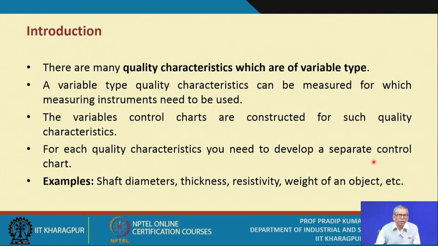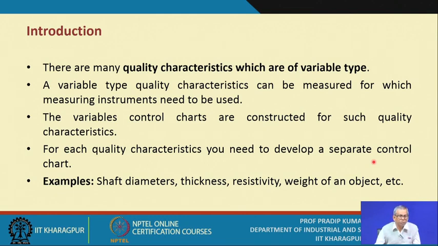There are many types of the control charts under this category. Some are referred to as the general purpose control charts and some are referred to as the special purpose control charts. Now, what you need to do, that means for each quality characteristic, you need to develop a separate control chart. So, this point is to be noted.